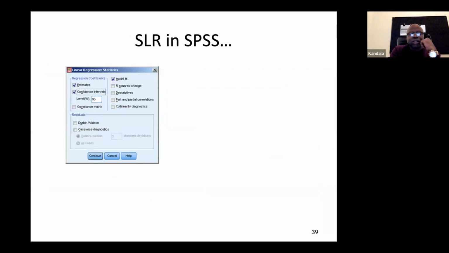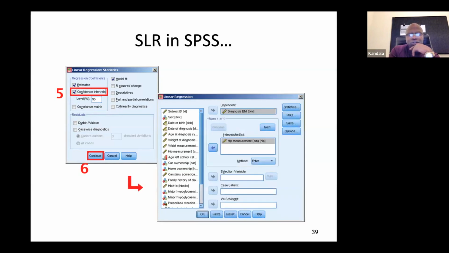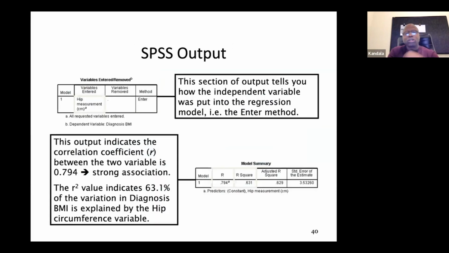Then you check the model fit and estimates, also with a confidence interval, so you can choose whether it's the 95 percent confidence interval and so on. And then continue.